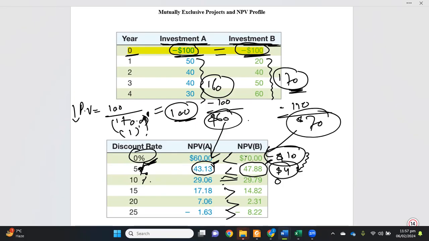Upfront, we have seen that Project B's cash inflows are higher than Project A's cash inflows. So what is happening here? What is the reason for this volatility?